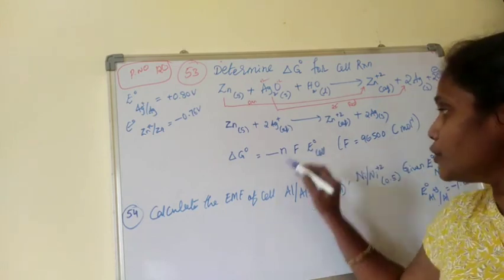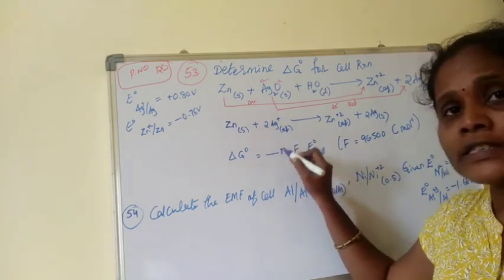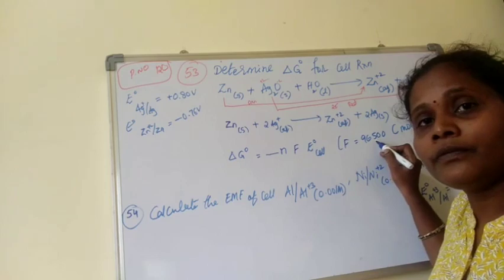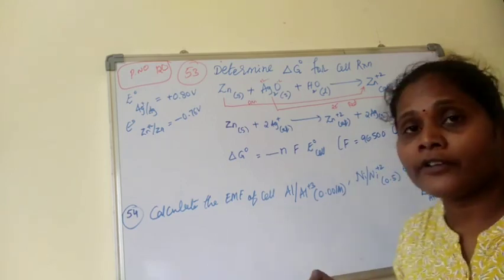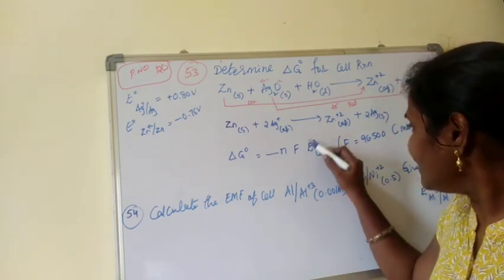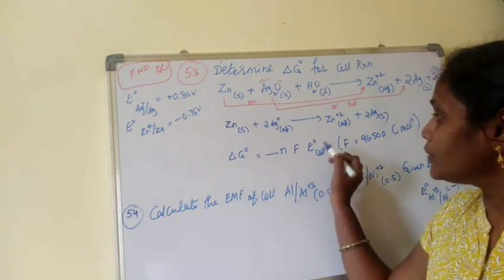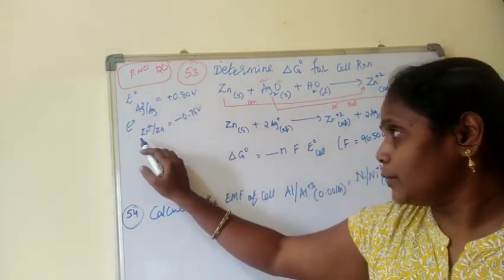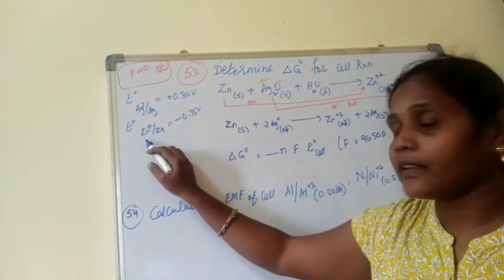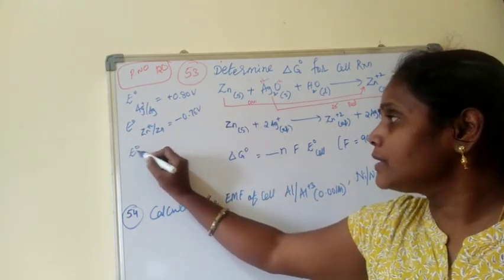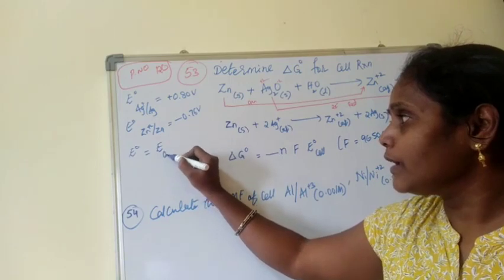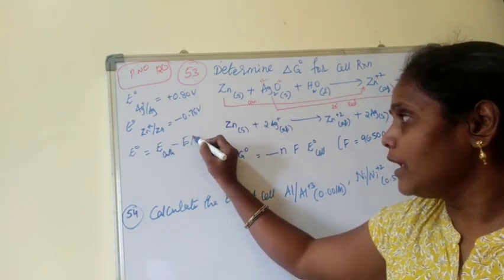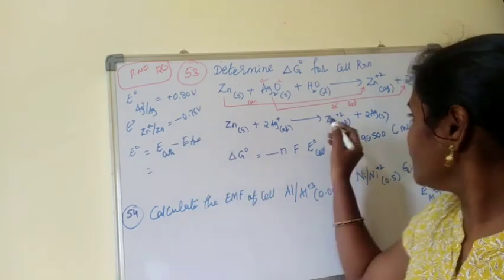Now I can substitute. n I know, 2 electrons. F I know, 1 Faraday, 96,500 coulombs per mole. But E naught cell I don't know, so calculate it. He has given the standard potentials of silver and zinc. E naught cell is equal to E of cathode minus E of anode. What is the cathode?